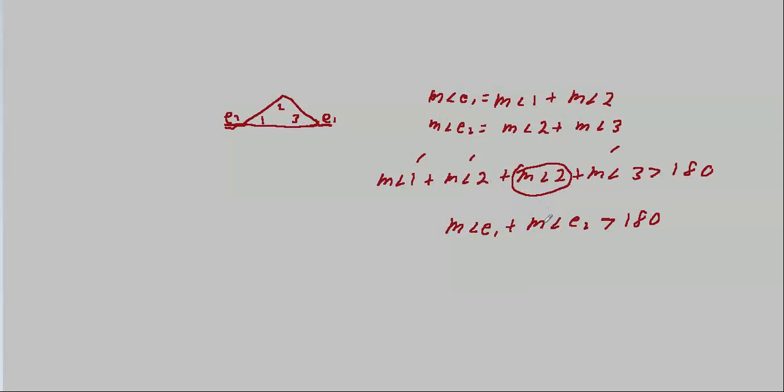Even if you cut them in half. If one was 90, forget about cutting in half. If one was 90, one would have to be greater than 90 to get a sum greater than 180. So the real question you have to ask yourself is, can these both be less than 90 and add up to 180? Well, no. That just can't happen.